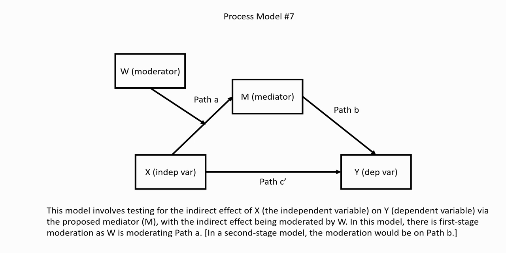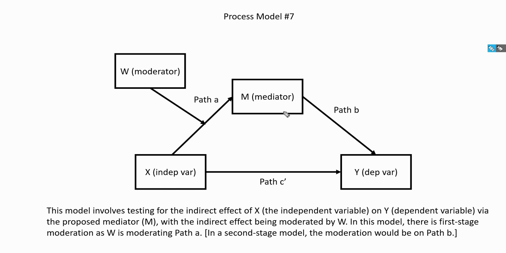Before I open up SPSS and begin running an analysis, let's consider PROCESS model number 7. The conceptual model associated with this essentially has three variables in the primary mediation relationship.